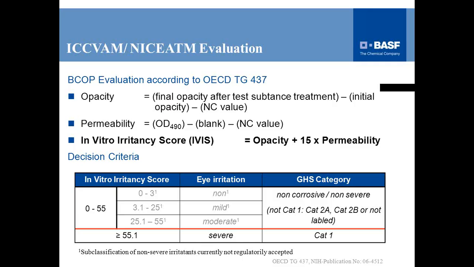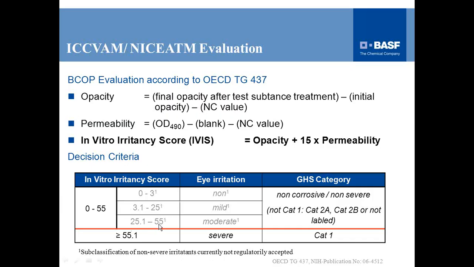According to the OECD guideline, the BCOP is used to differentiate between compounds that are corrosive or severe eye irritants, so GHS category 1 chemicals, and on the other hand, non-corrosives or non-severe, while we cannot currently differentiate between the category 2As, 2Bs, and not to be labeled compounds.